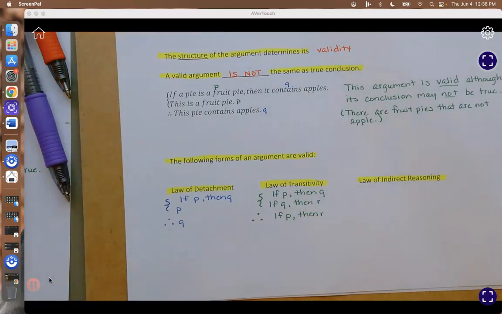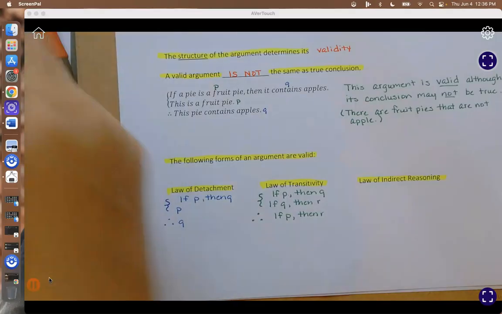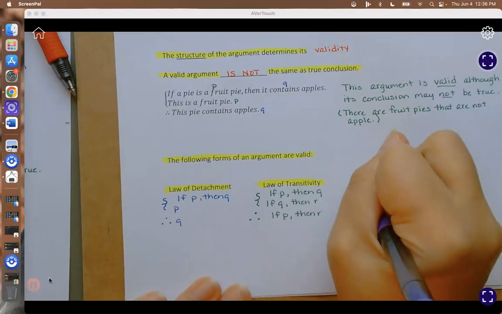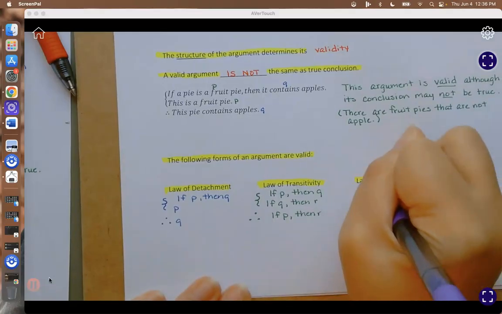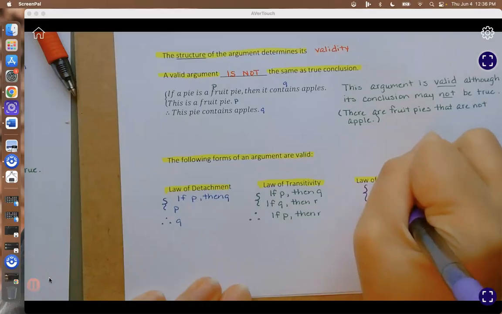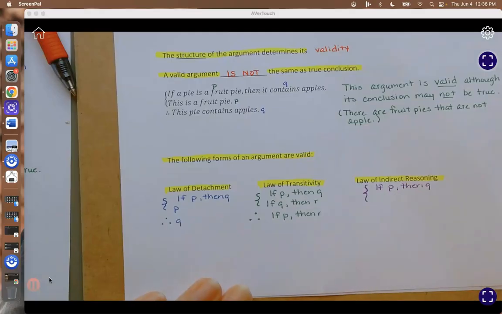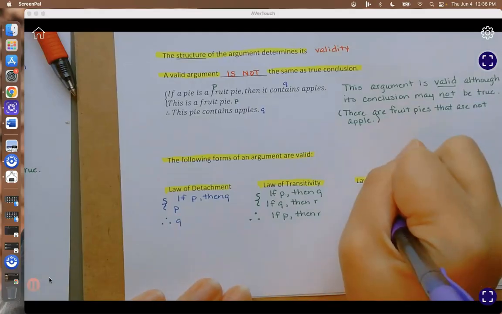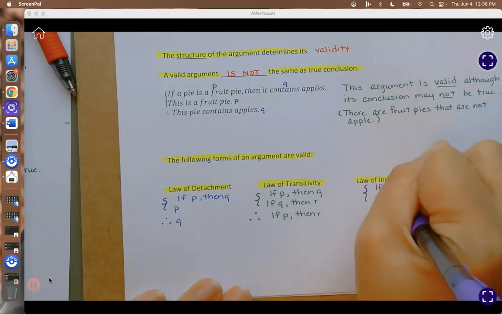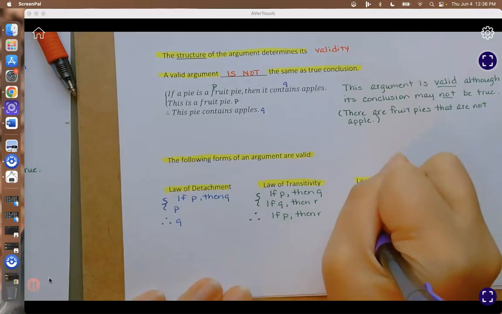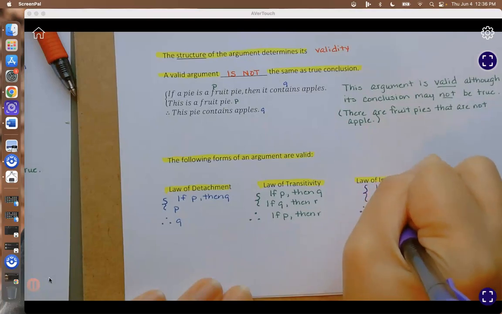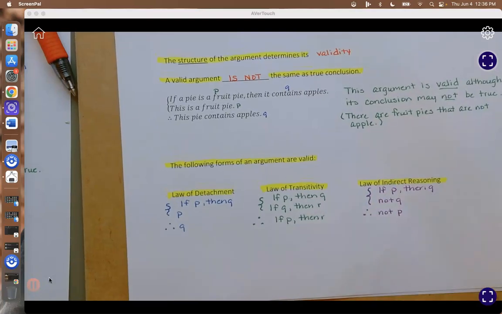The law of indirect reasoning. This one you've got to be really careful with. If P, then Q. So they all start with if P, then Q. This one goes not Q, therefore not P. So you can kind of think contrapositive here, because contrapositive is when you switch them and you "not" them.